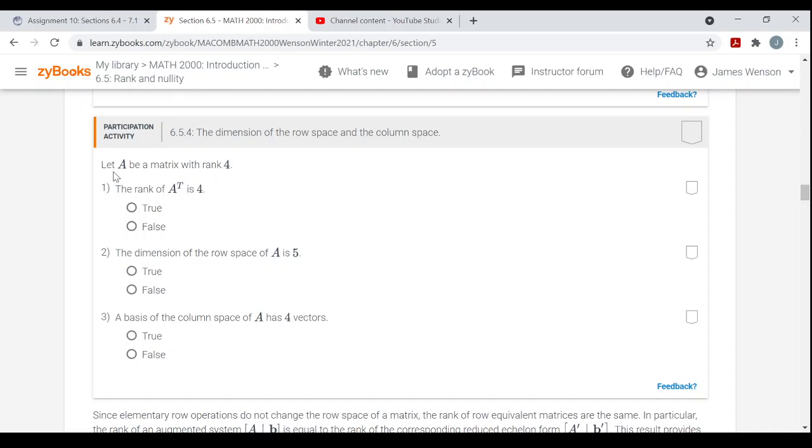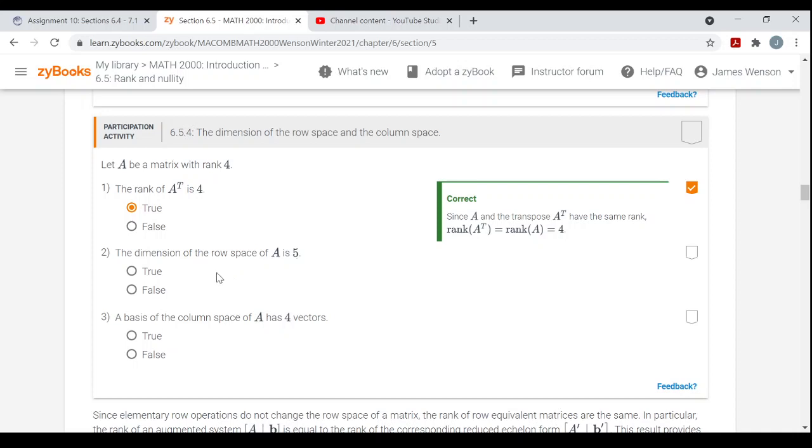So for example here, let A be a matrix with a rank of 4. Would the rank of A transpose also be 4? Yes, the rank of a matrix and its transpose will be the same. The dimension of the row space of A is 5? No. The rank is the dimension of the column space, or the dimension of the row space, same thing.